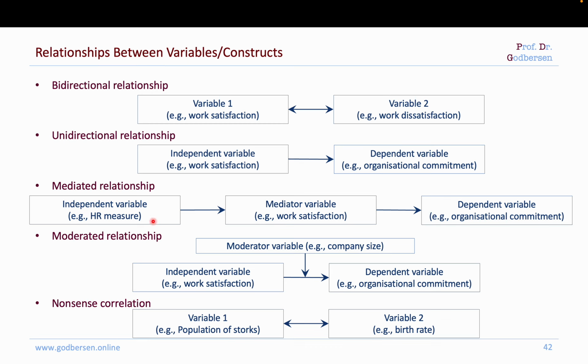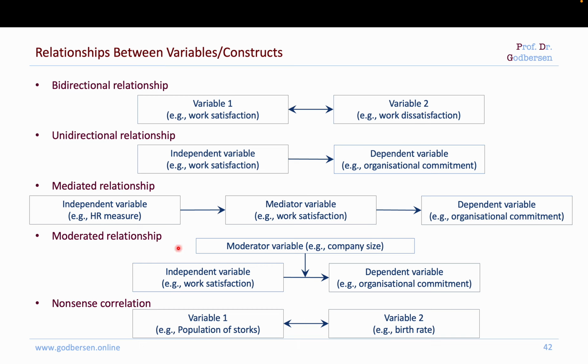For instance, we have a human resources measure, like higher pay, a cycle to work scheme, whatever you have there. This human resource measure affects work satisfaction, and work satisfaction in turn affects organizational commitment. This means, for this example, the relationship of a human resource measure and organizational commitment is mediated by work satisfaction.